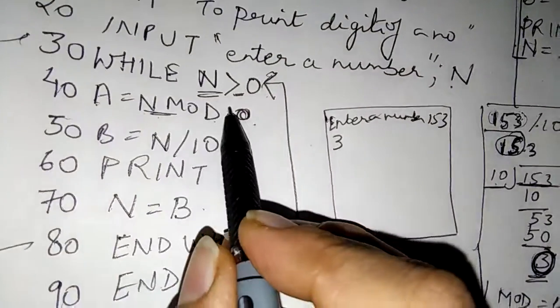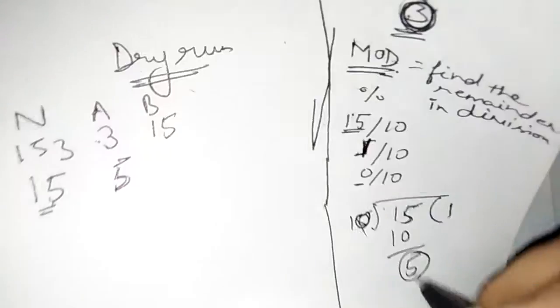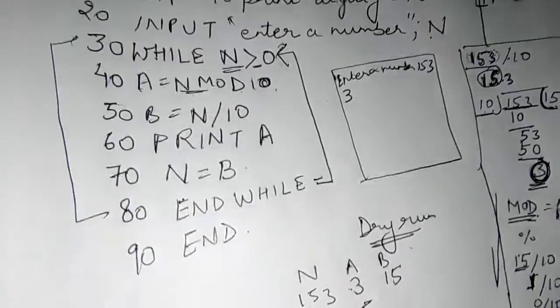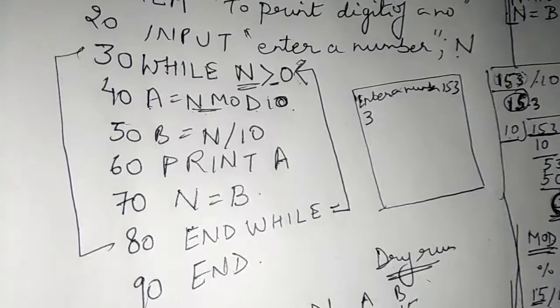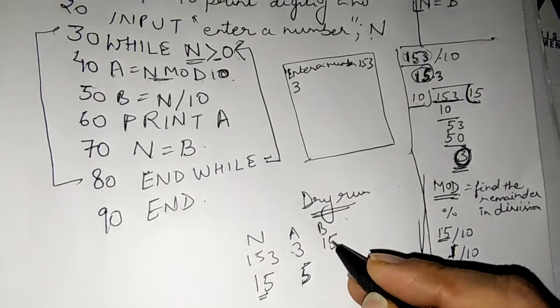N mod 10 means dividing the value of n, which is 15, by 10, you get the remainder 5. Okay. Now b is equal to n divided by 10, reducing the number. B is now n divided by 10.